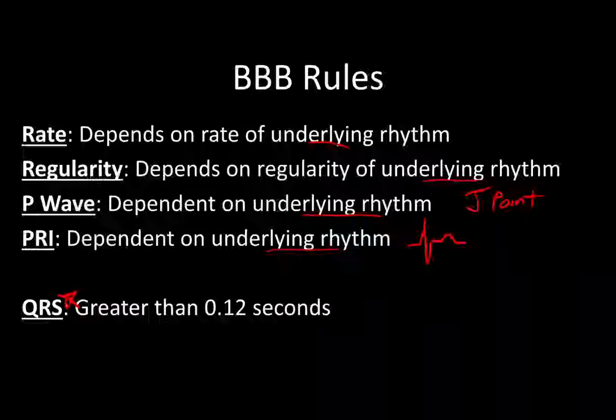Something nice and simple like that. In those cases, it's really easy because you've come back to the isoelectric line and there's a nice sharp point right here, and that is your J point. It's where the S wave has officially stopped and transitioned into a different part.